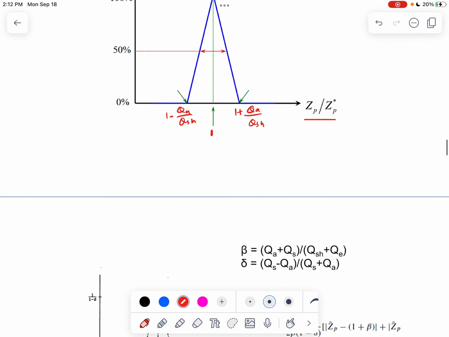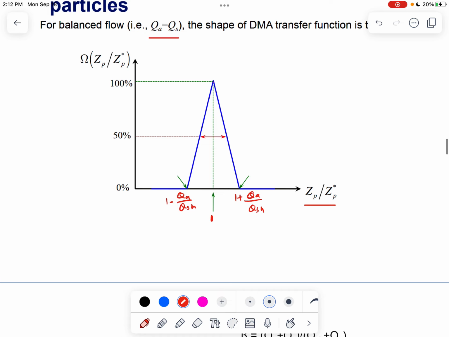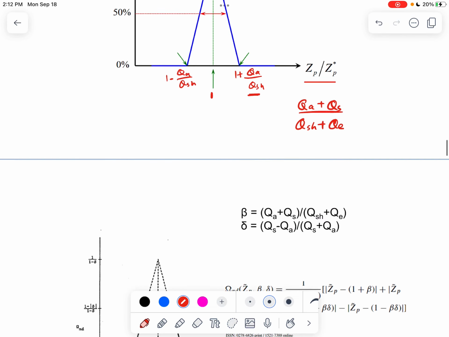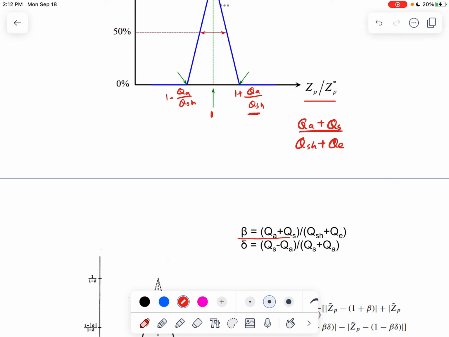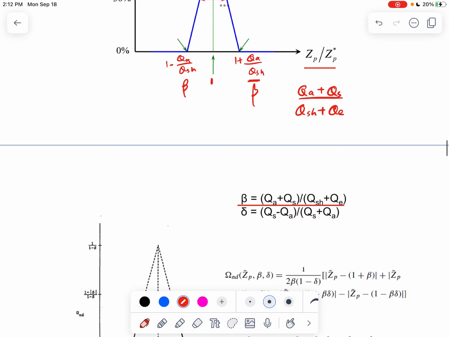Further, as we introduced earlier, this ratio should actually be represented as QA plus QS divided by Q sheath plus QE. People further define this term as beta, so you can just replace this term with beta.